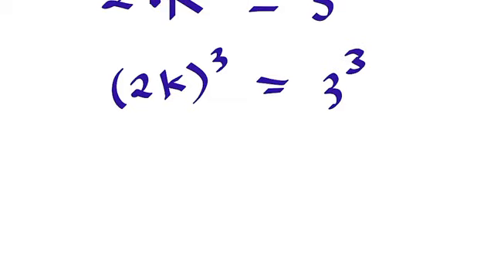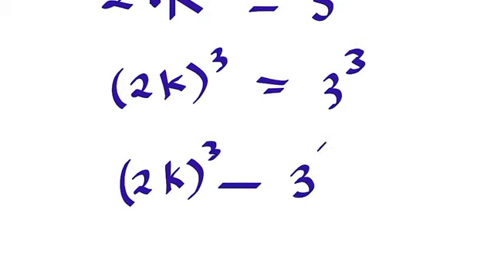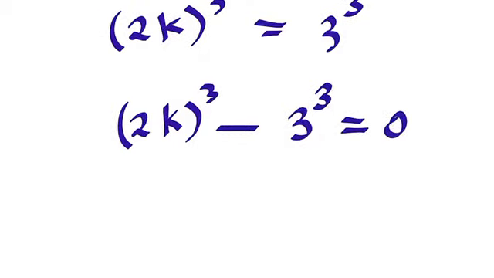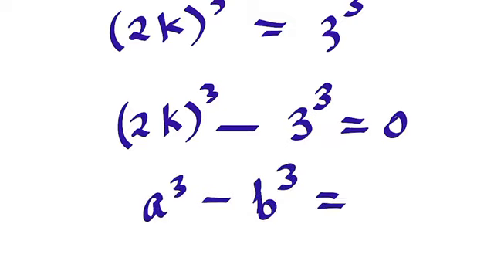Now from here we have 2k all to the power of 3 minus 3 to the power of 3 equals 0. So we have a to the power of 3 minus b to the power of 3 equals 0.